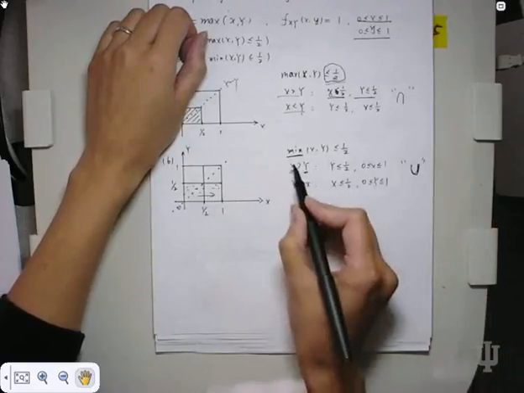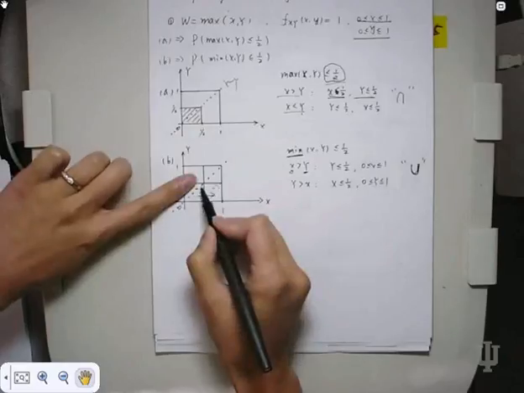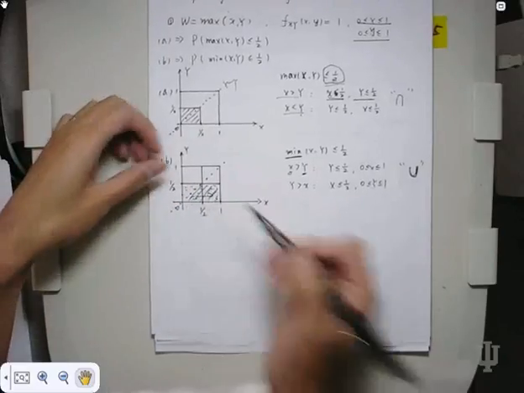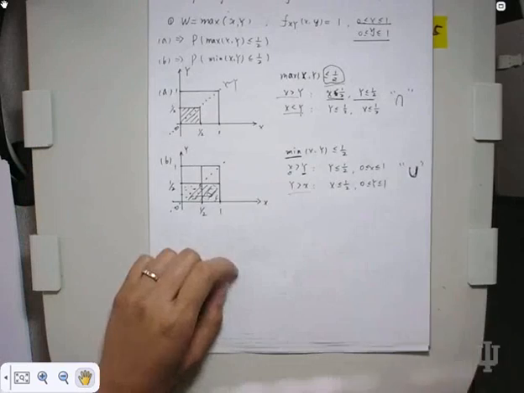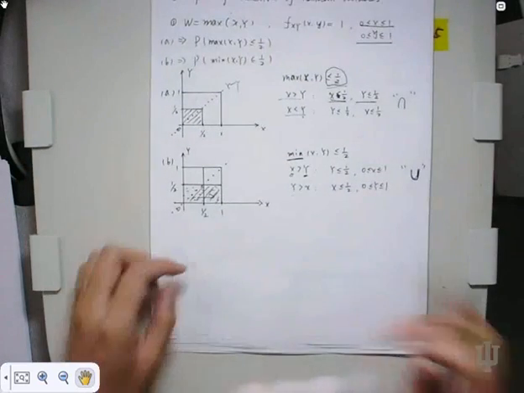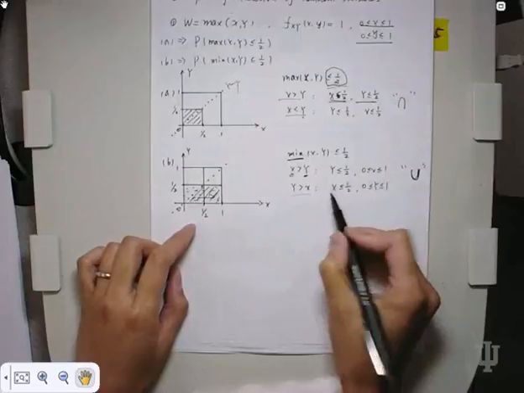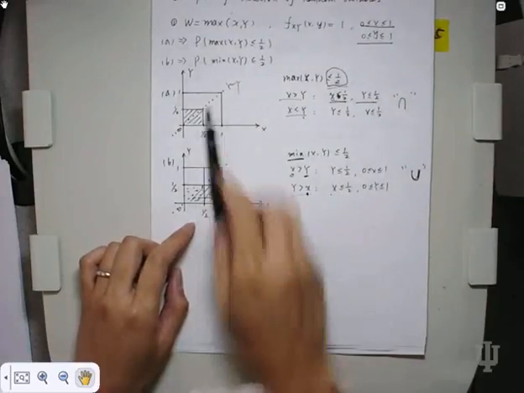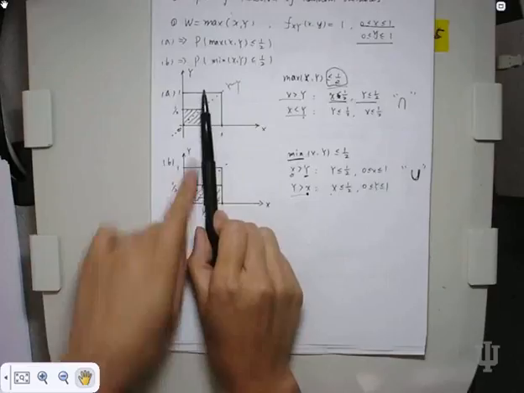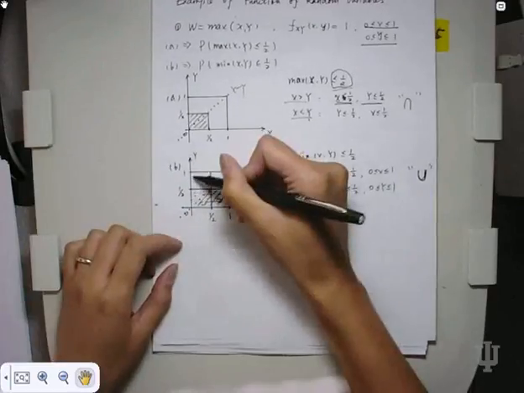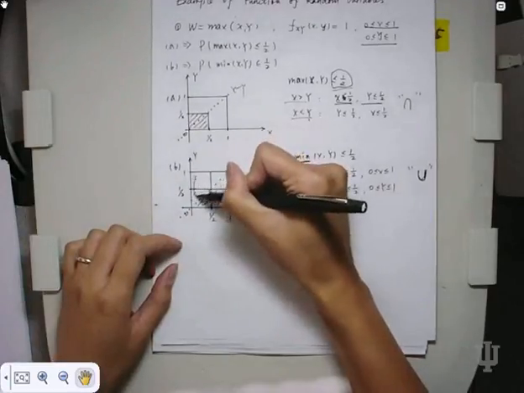Because x is greater than y, it's anything here, right? So consider everything above this line. Then the minimum is x less than 1/2, so you're bounded to this part and above this line, so you go that way. Can be everything here.